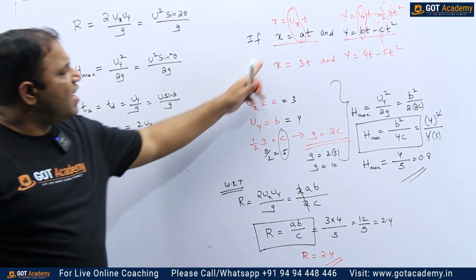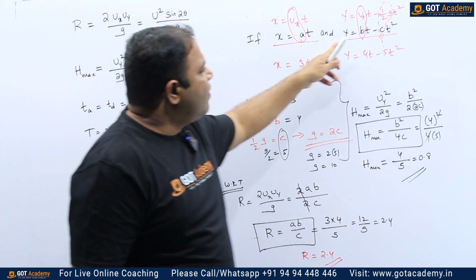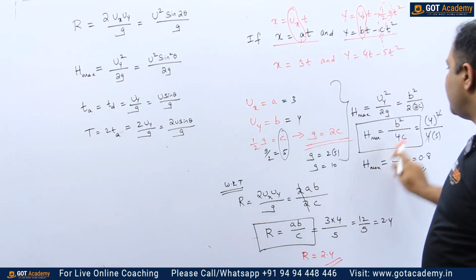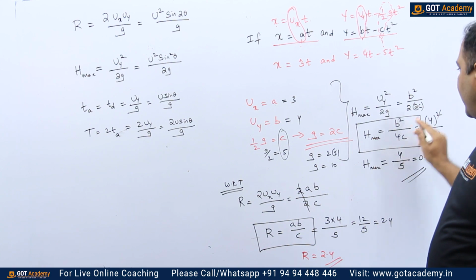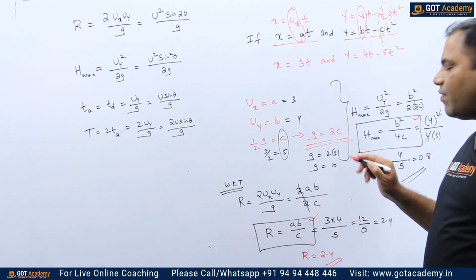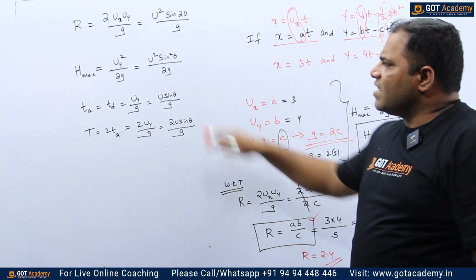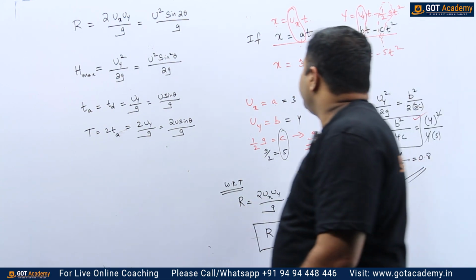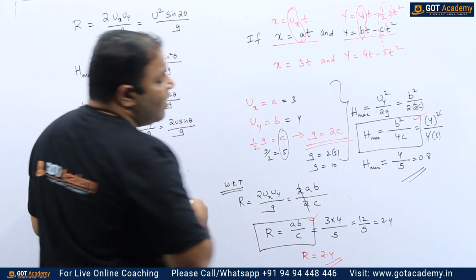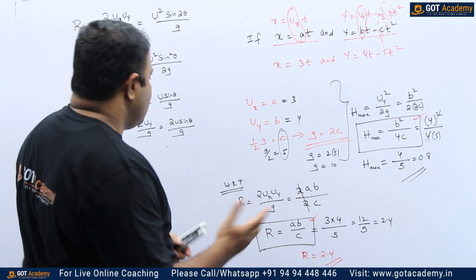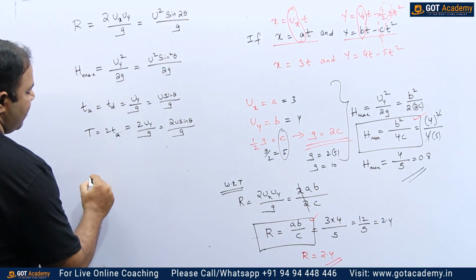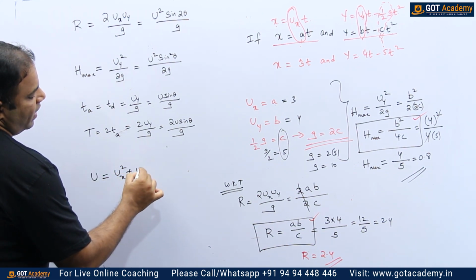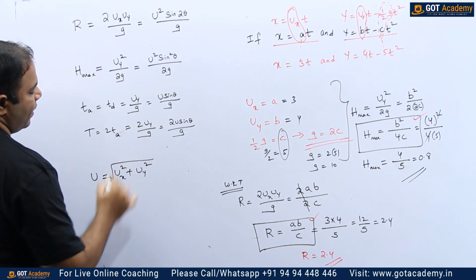Whenever you get a question like this, x is equal to at and y is equal to bt minus et squared, you have to remember that h max is given by the formula b squared by 2c, and range is given by the formula ab by c. Like that you can substitute anywhere and get the answer. Now, the basic thing they ask is the velocity of projection. How to find velocity? As I mentioned earlier, this velocity u is the square root of x component squared plus y component squared.